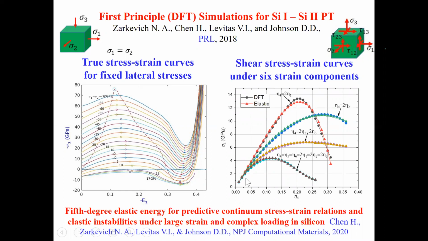And you see here that our analytical stress-strain curves, which come from this energy, are in good correspondence with DFT simulation, including instability points, and for strains up to 35%. Previously, only the second-order elastic constants were known, and they were calibrated for strains below 3%.